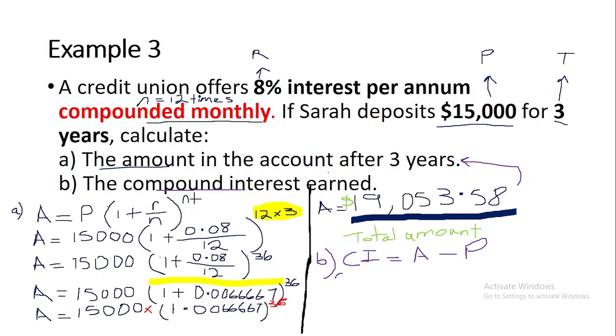So that's gonna be CI is equal to 19,053.58, minus the principal, which is right here, 15,000.